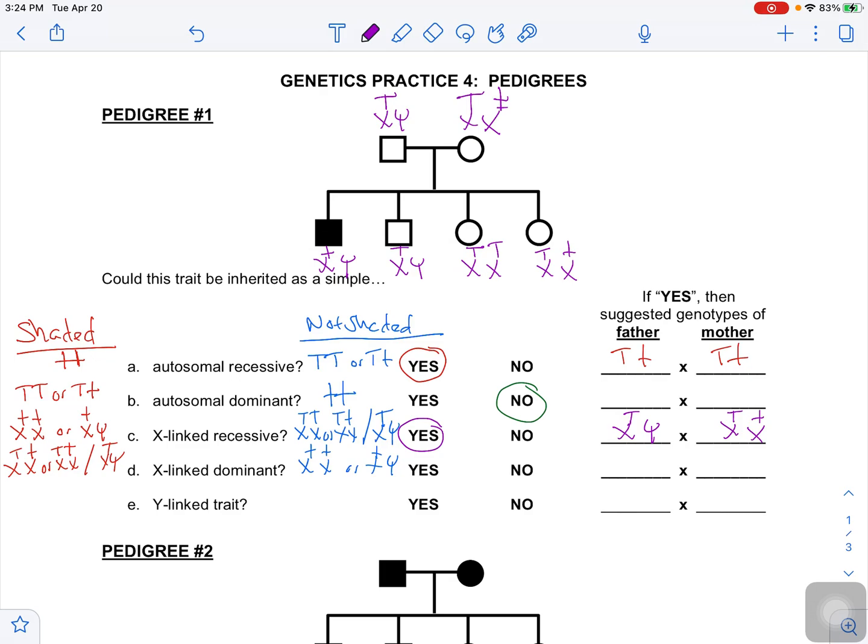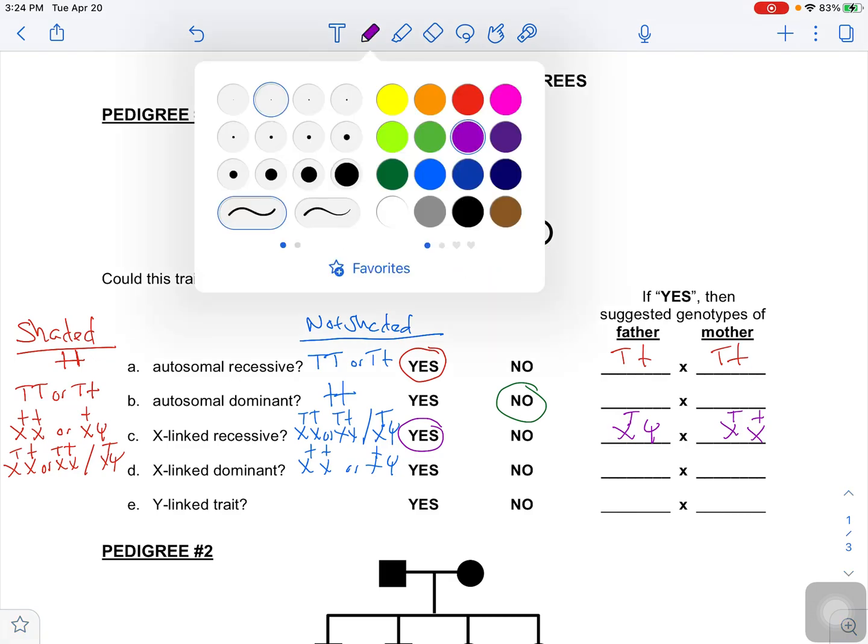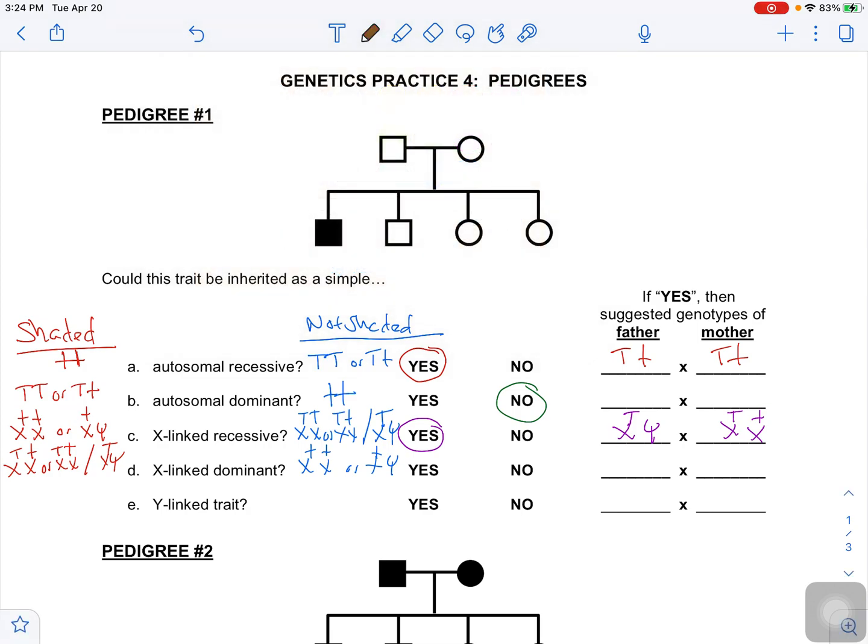Now, again, we need to start all over again to figure out if this is also going to be, let's say, an X-linked dominant one. If it's X-linked dominant, that means the shaded individual now has a dominant X, and we know then that the not shaded individuals have recessive X's.